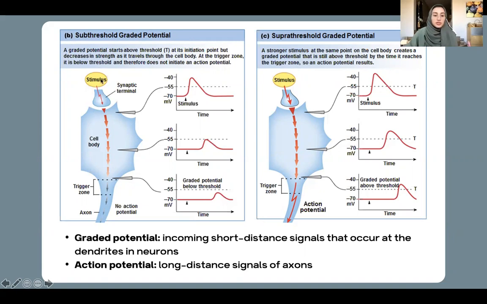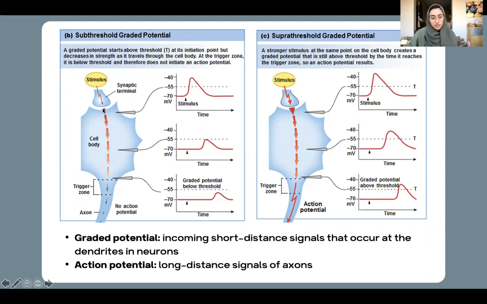And if this is the stimulus, and it goes to the synaptic terminal, or this is the nerve, and then the cell body, if it's strong enough, that means you're going to cross the threshold. Okay, so this, for example, is a stimulus that crossed the threshold. And then it's not going to stay in one specific spot, right? It needs to travel all the way to the axon. Look here, and then it's actually going to transmit the action potential.